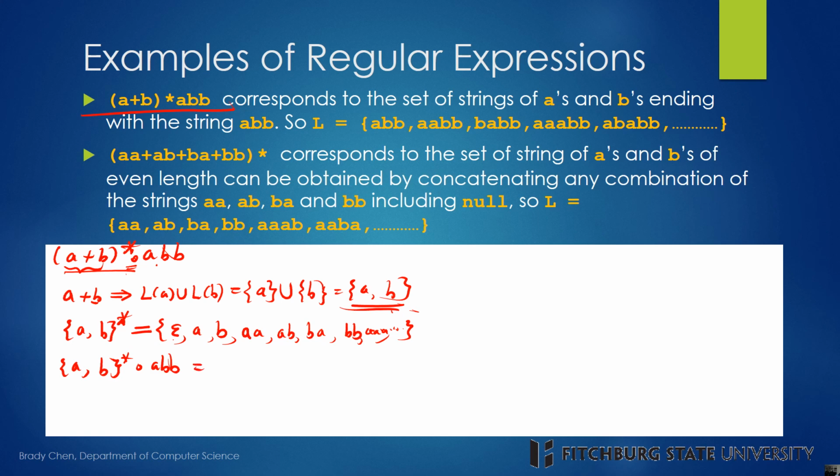If abb is concatenated with the empty string, that gives you abb. Concatenated with a, we get aabb, and with b, we get babb. Always ending with abb, okay?